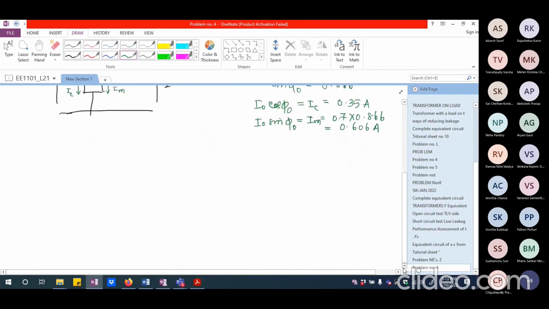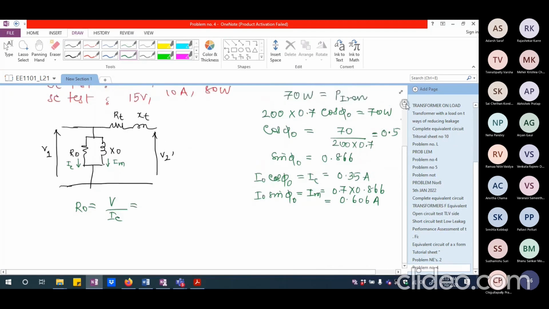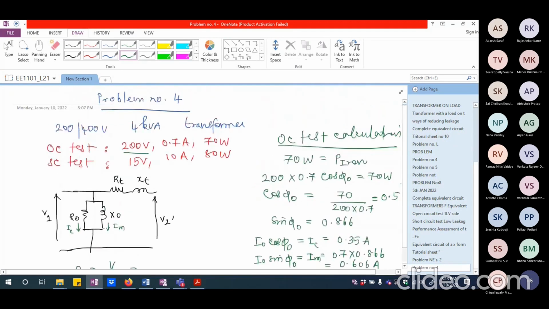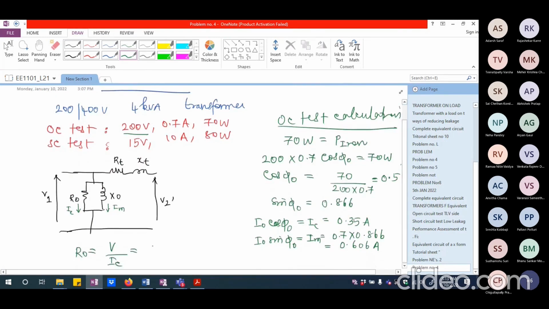So once I have IC, I can calculate R naught equal to whatever is the voltage applied divided by IC. And voltage applied was 200 volts. We had 200 volts applied. So I should say 200 divided by 0.35. That is RC.